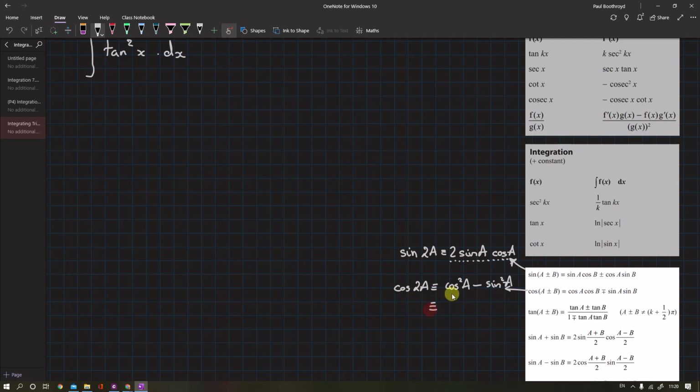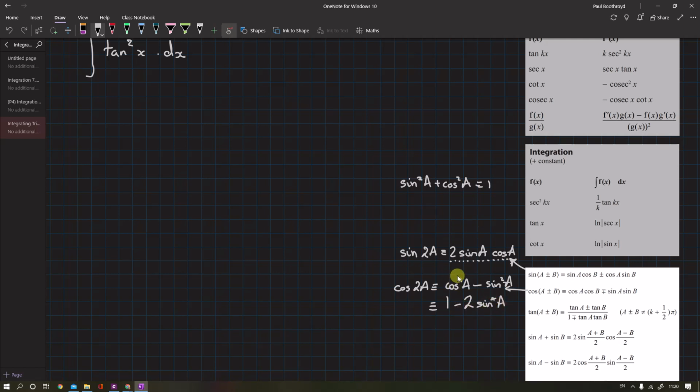Or we can change it by rearranging the standard sine squared plus cos squared is 1, and by doing that rearrangement we can get 1 minus 2 sine squared a.